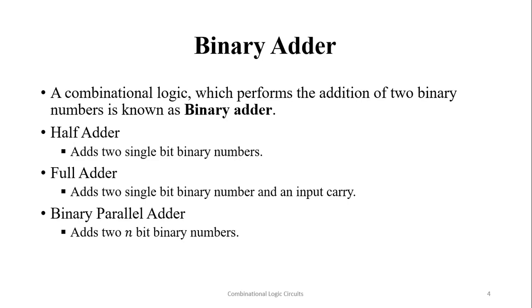It adds three single bit numbers: two are the number bits and the third bit is the input carry. A binary parallel adder adds two n-bit binary numbers. We have 2-bit numbers, 3-bit numbers, 4-bit numbers. So this is a binary adder.